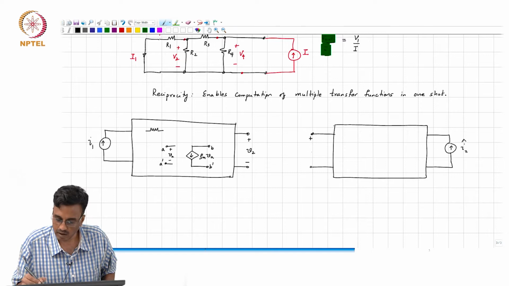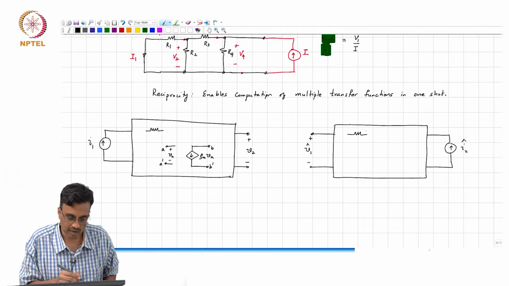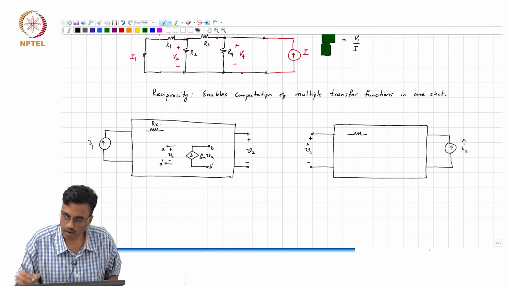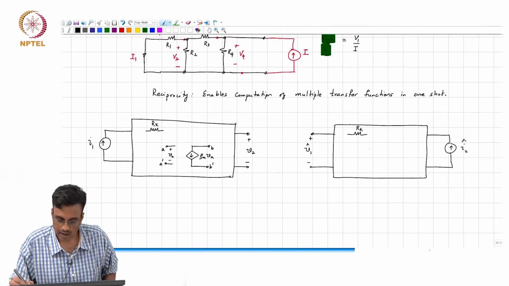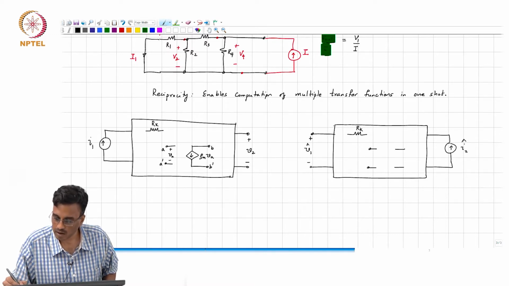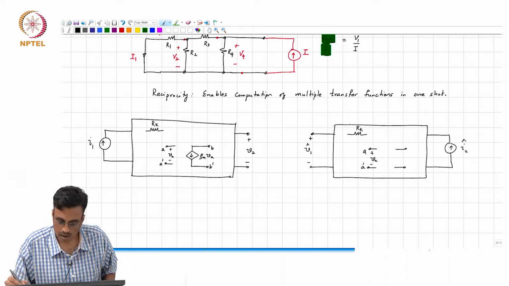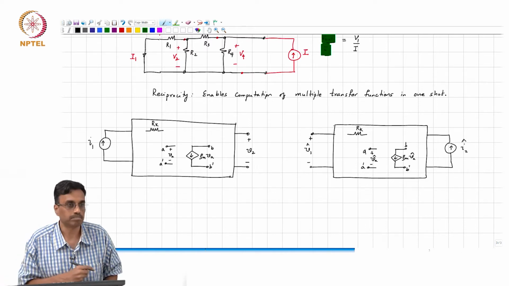This is V1 hat. There are resistors which I call R sub k, and let's see what happens here. A prime, this is VA hat actually, and this is GM times VA, this is B and this is B. I'd like to find this now.